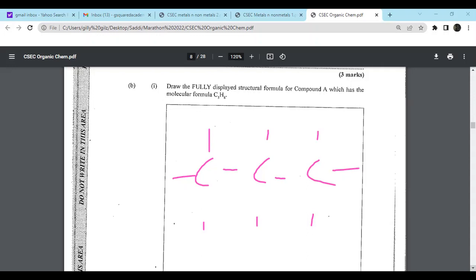What you're looking for is that carbon has 4 bonds around it and each hydrogen has only 1 line going towards it. That's the case here. That's 2, 4, 6, and the 2 at the ends make 8. So that's C3H8, which makes it an alkane.